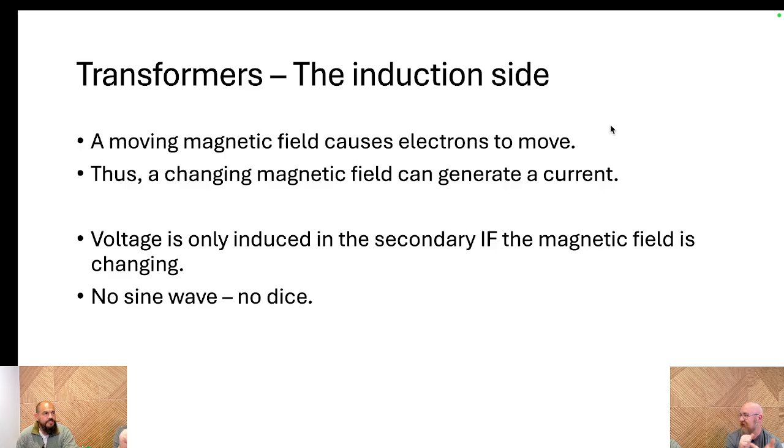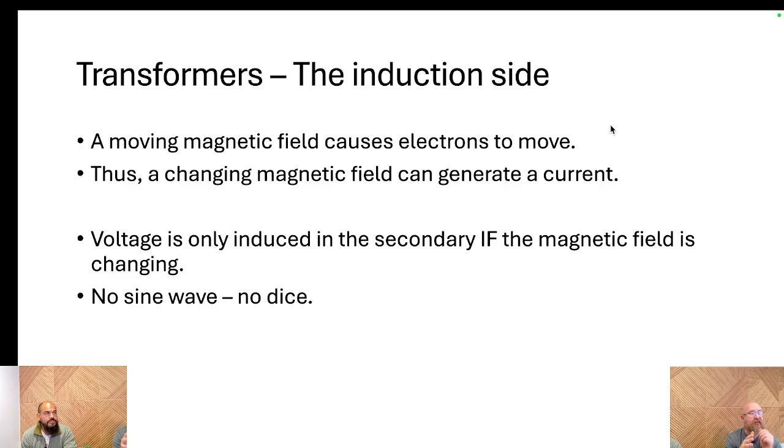So if we don't have a sine wave, if we don't have AC, we don't get anything out of our secondary coil. We can magnetize it and metal will stick to it, but it won't induce current unless that magnetic field is moving. And so for this, we need a sine wave.